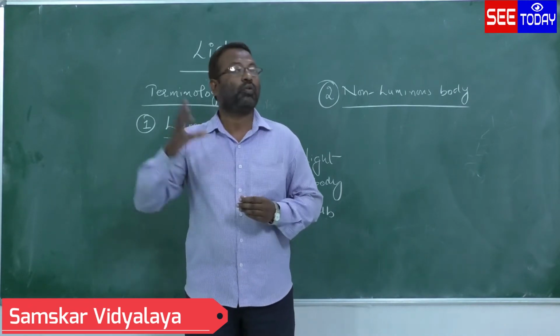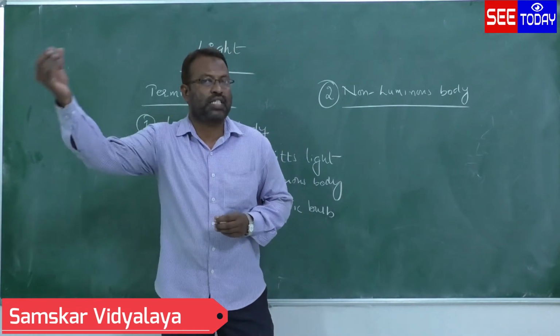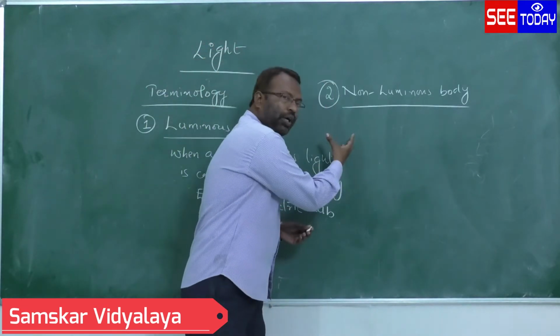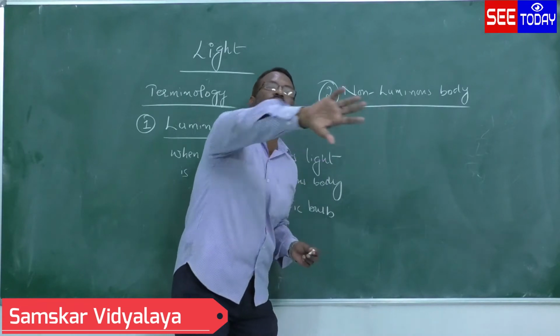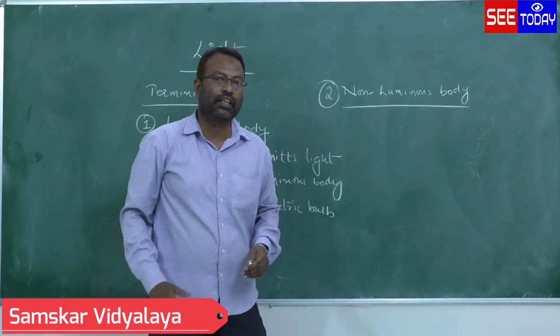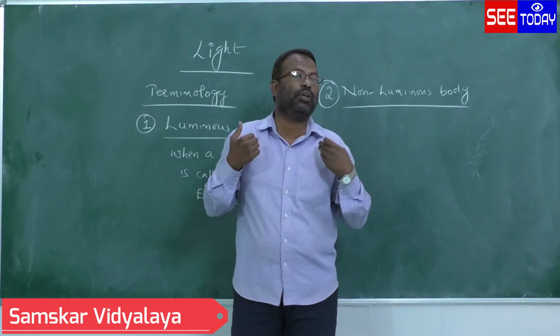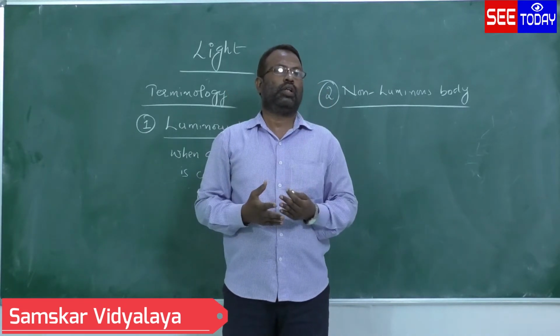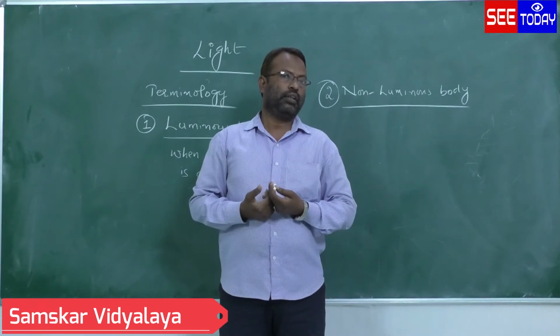But if light falls on that body, it will reflect the light. Just like light is falling on me, my light is reflected back to you. I will become a non-luminous body.